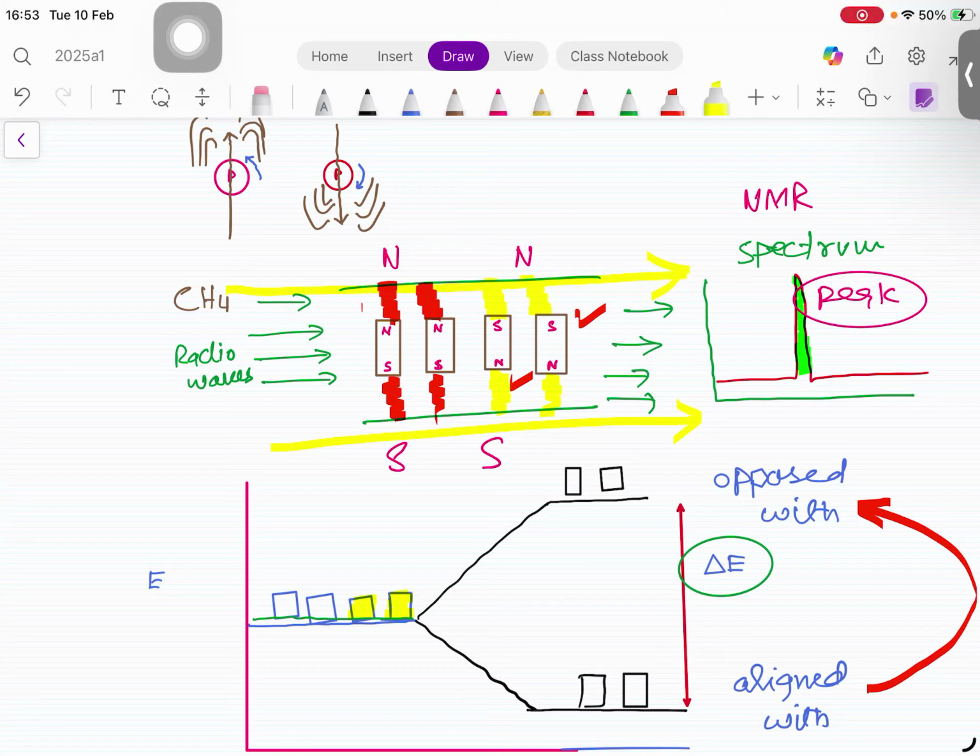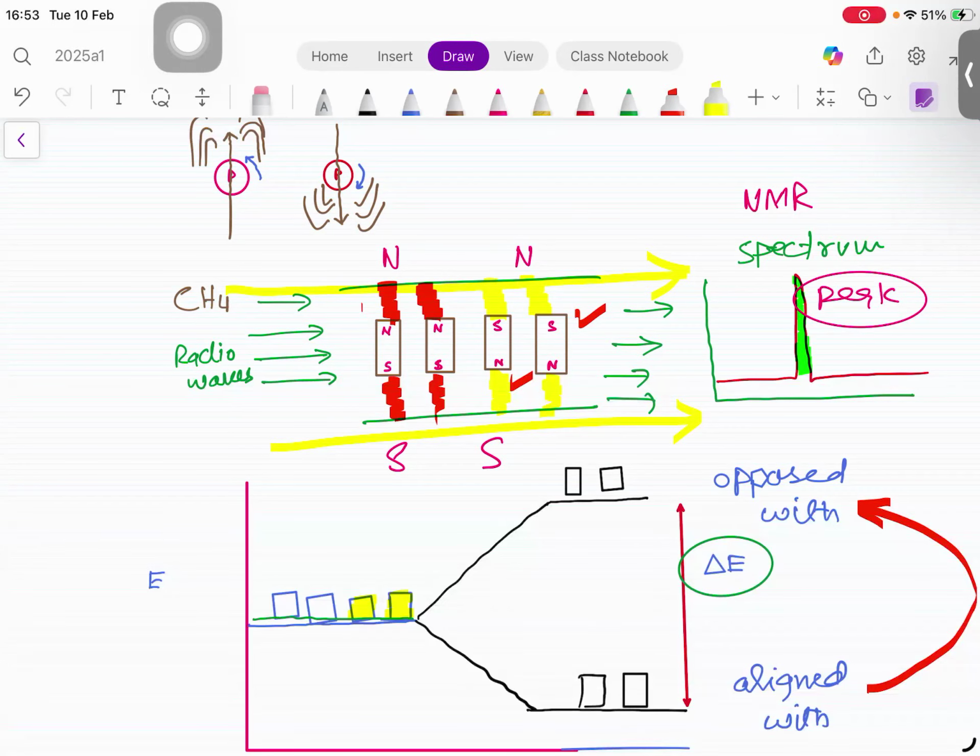And that peak helps me to identify the structure of that compound, right? So if a blind compound has been given, I just perform this and I am able to confirm what that organic compound is. Is it clear now? This technique is known as NMR spectroscopy.